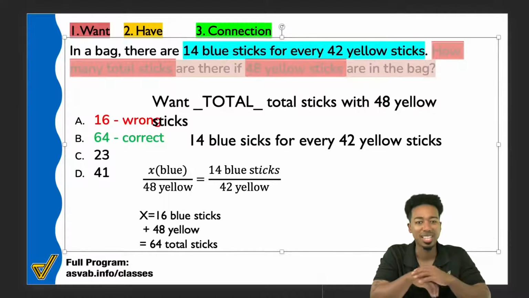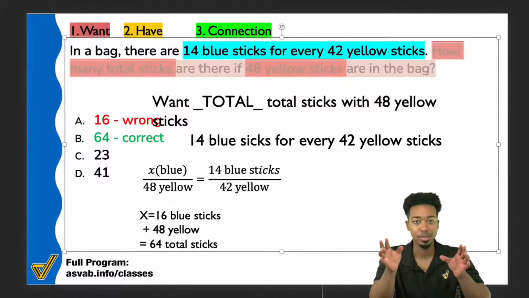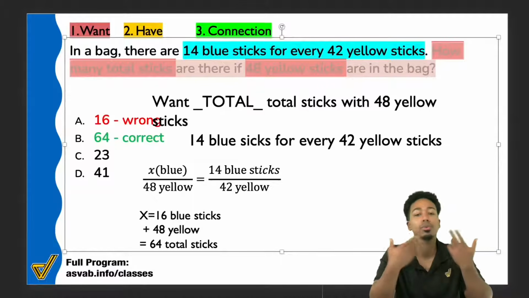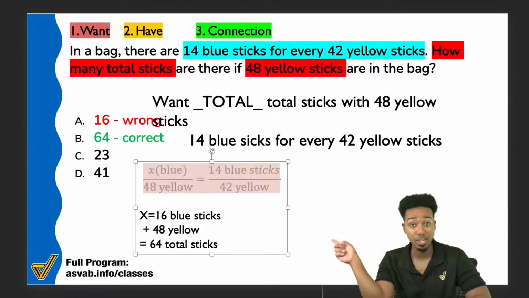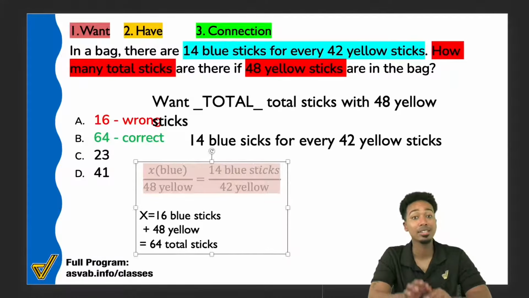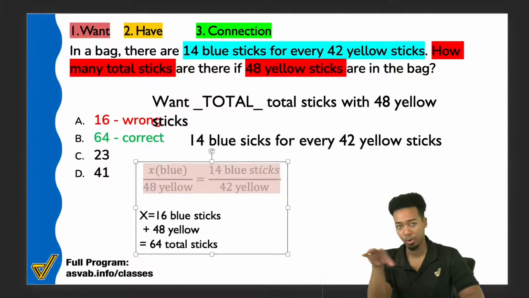And that's how we got the 64. Because again, we were looking for the total the whole time. We ended up accidentally finding the missing piece to get the total. Yeah, the key word is total. And again, the 16 came from cross multiplying and dividing to solve that proportion. That accidentally incorrect one, when you solve it, you accidentally got blue, not total.